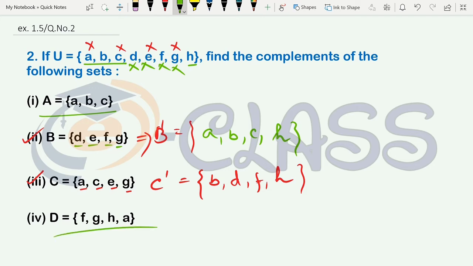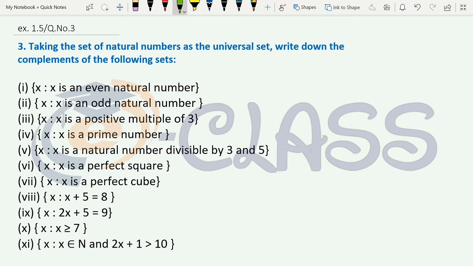Okay. Now question number 3 says, the first question says X such that X is an even natural number. So you have to find the complements of 1, taking natural number as universal set. So the universal set equals the natural numbers, that is 1, 2, 3, 4, 5 up to infinity.